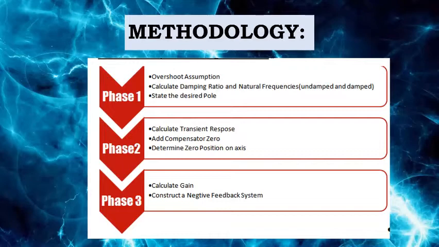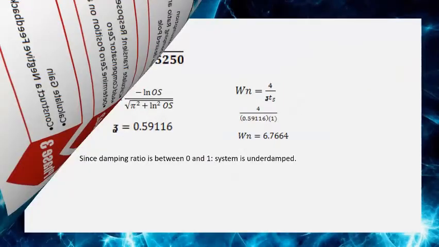In phase 2, we'll calculate the transient response and add a compensator zero, determine the zero position on the axis, and in the final phase, we will calculate the gain and construct a negative feedback system. So this is based on the fact that we are designing a PD controller and a lead compensator. So this methodology is for that.